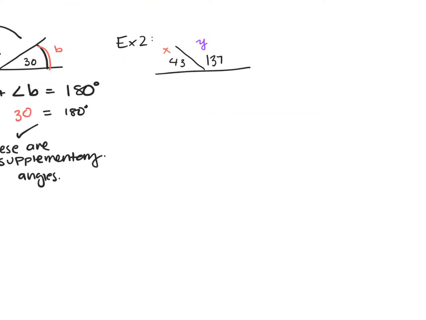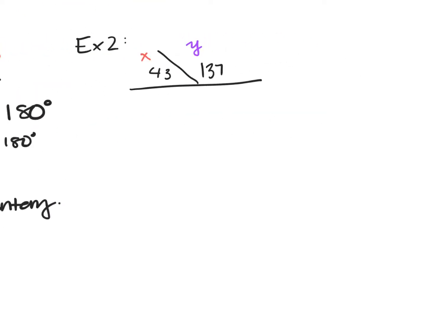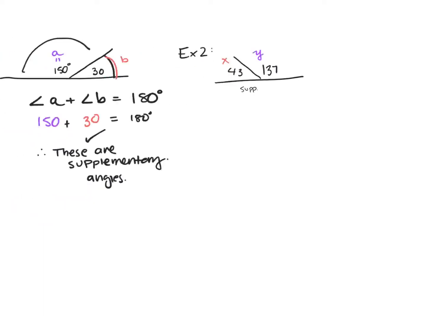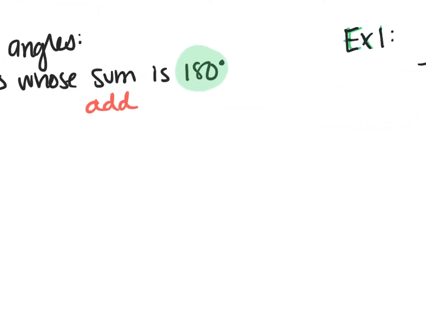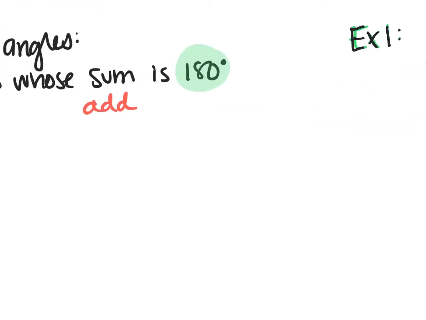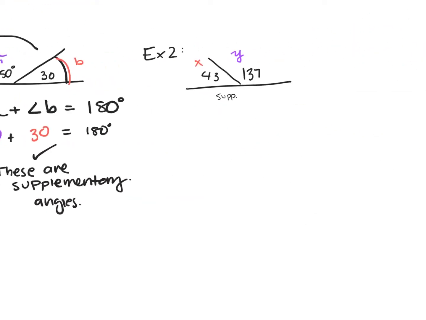Okay, now go ahead and take a look at this one. I put this here just so that you know we call this little angle X. We call this big obtuse angle Y. Now, are these supplementary? Okay, the definition says that they have to add up to 180. So let's go see.